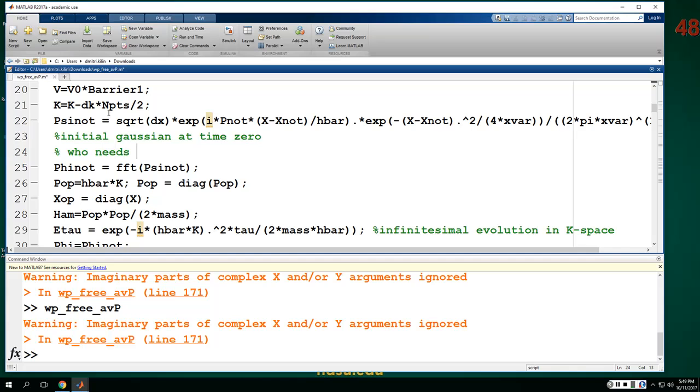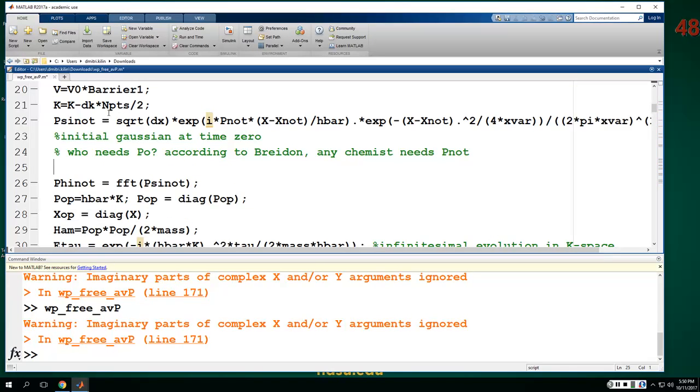Who needs P naught according to Braden? Any chemist needs P naught. I'm not lying. He told you this, right? Well, is it good or bad? But no violation of author rights. Thank you for helping.